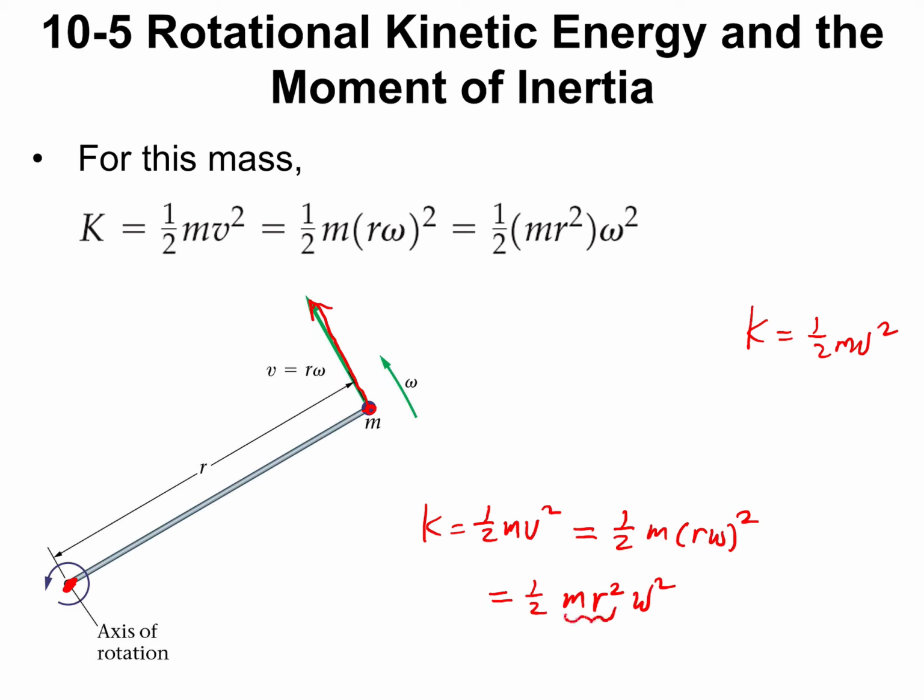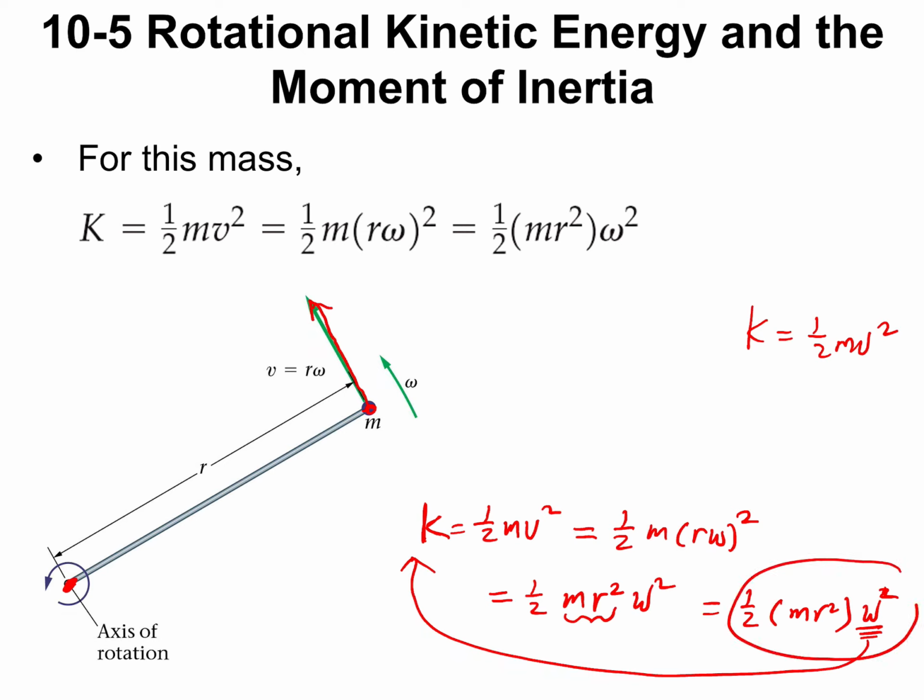If we put them together, it equals 1/2 m r squared omega squared. Because we use a rotational quantity to describe the kinetic energy, we call this expression rotational kinetic energy.